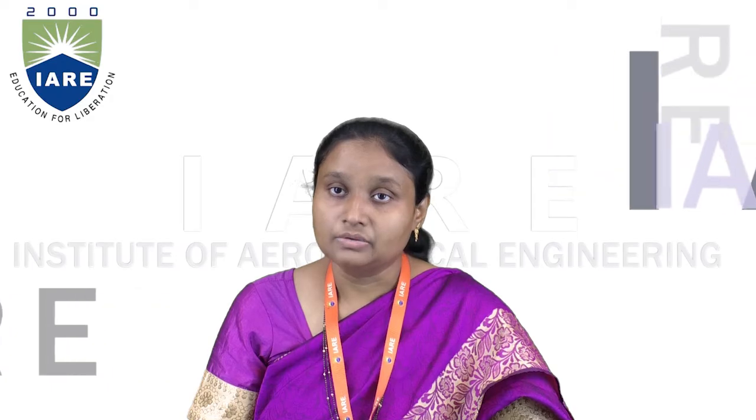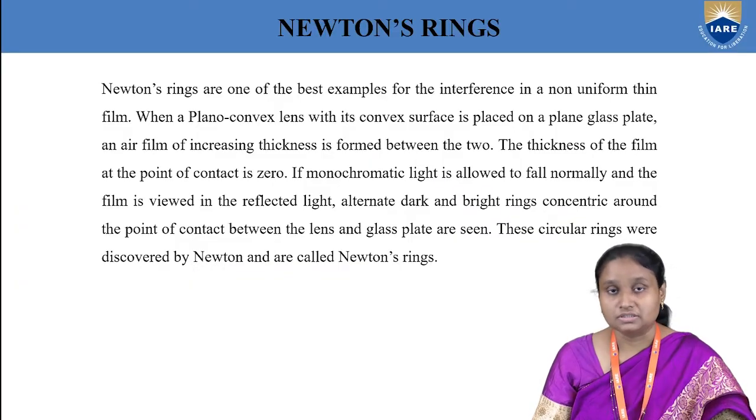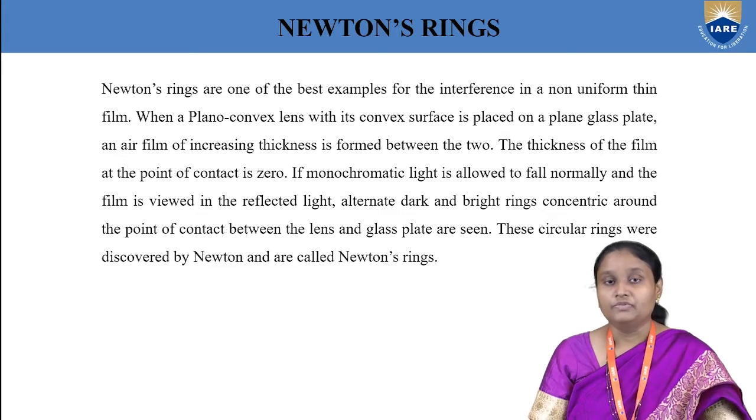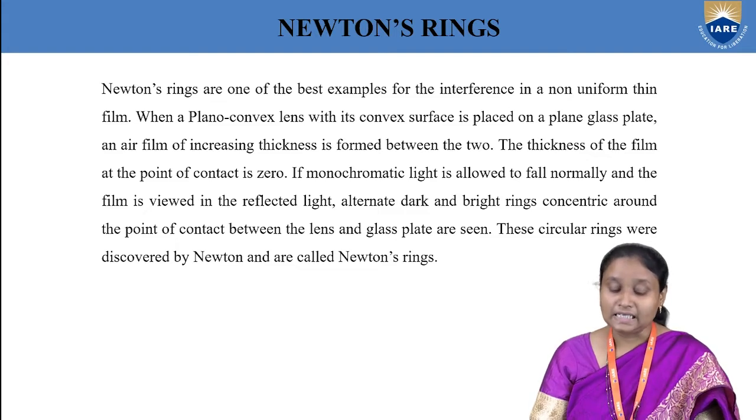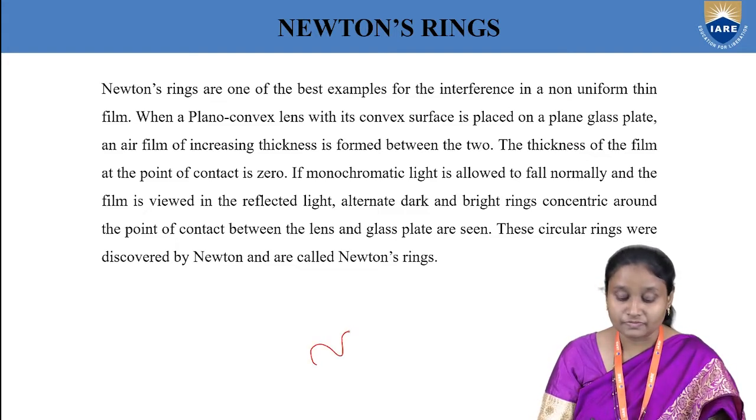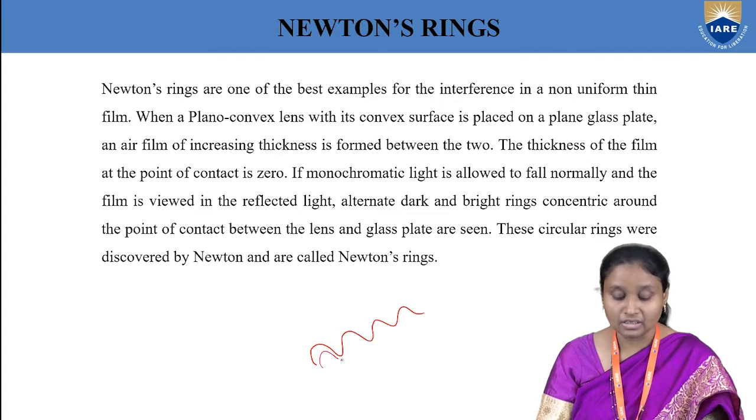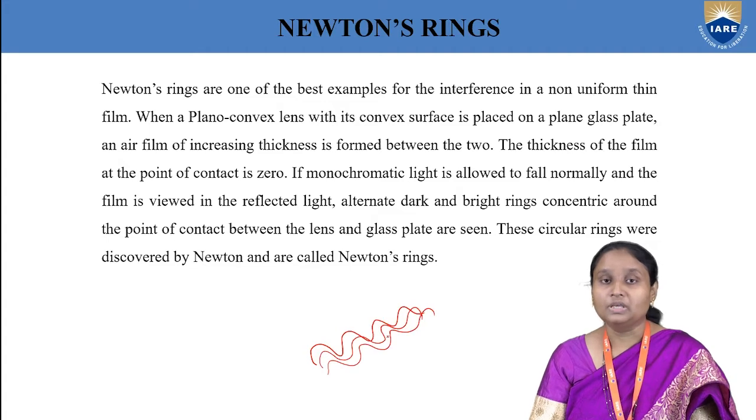So today our topic of discussion is Newton's rings. These Newton's rings are completely based on the phenomenon of interference exhibited by light. What is interference? The phenomenon of interference is based on the principle of superposition of waves. What is the principle of superposition of waves? Suppose we have many waves traveling through a medium.